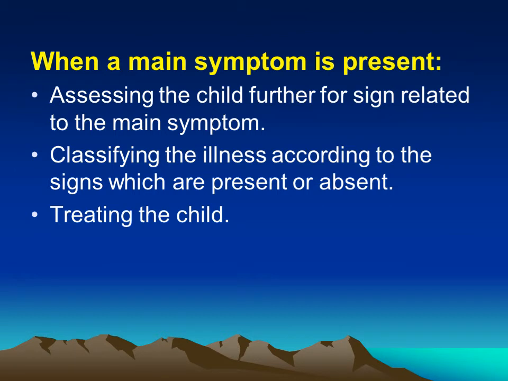When a main symptom is present, you should assess the child, classify the problem, and treat the child. As you are a general practitioner in the primary health center, we will discuss which cases we send home and which we send to the hospital.